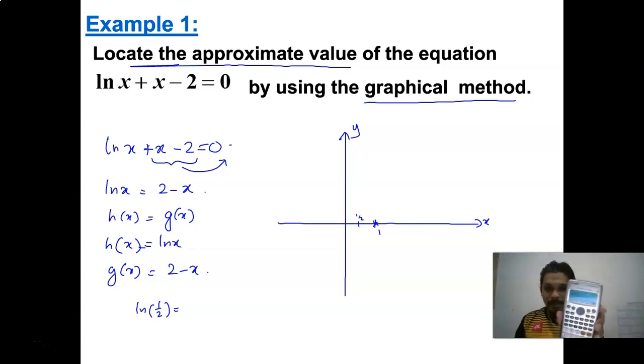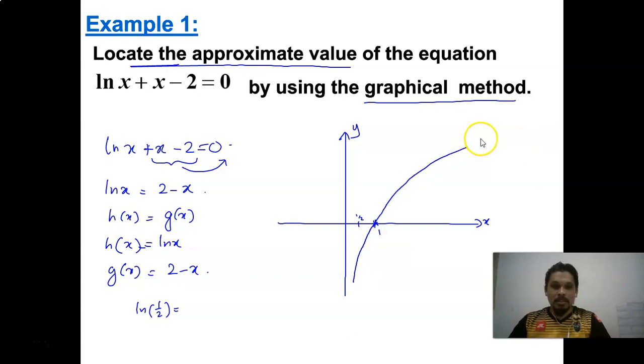Meaning when x equal to half, y is negative. So we imagine the graph of h(x) equal to natural log of x.